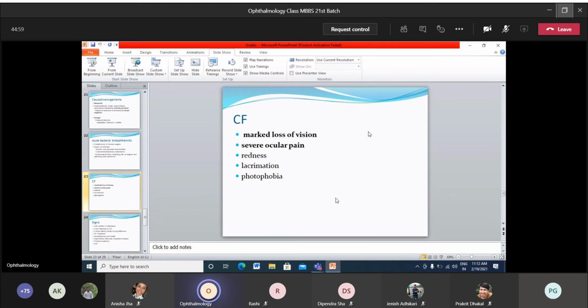A slight amount of pain will be there. And with marked loss of vision, they will not be able to see anything; hand movement or perception of light, that kind of vision will be recorded. So if the patient complains of marked loss of vision and severe ocular pain, endophthalmitis should always be kept in mind.